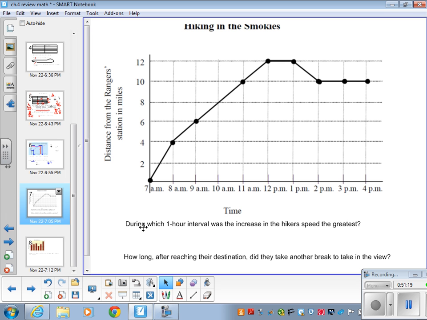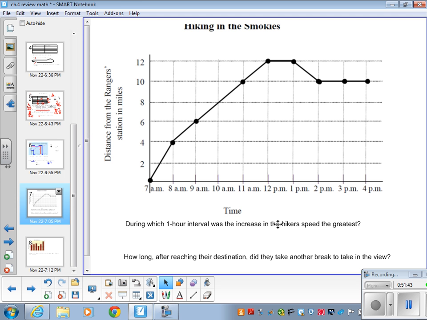First question, during which 1 hour interval was the increase in the hiker's speed the greatest? This reminds me of that bus line graph that we did before, about when the bus was doing bus stops, and then we noticed that when 2 dots are on the same line, it meant the bus stopped.